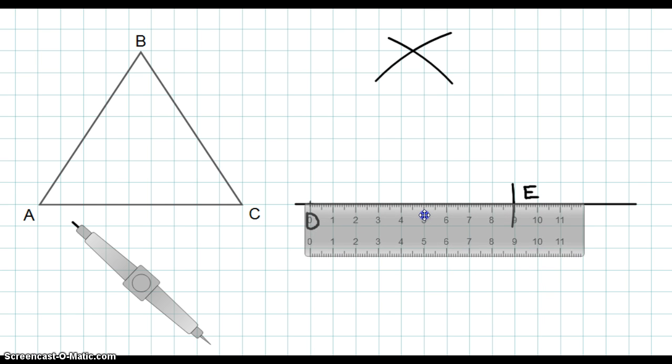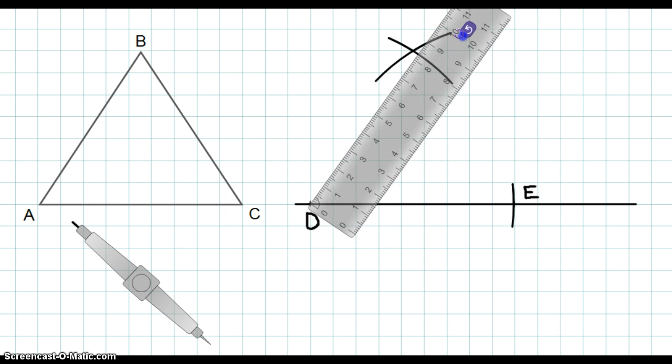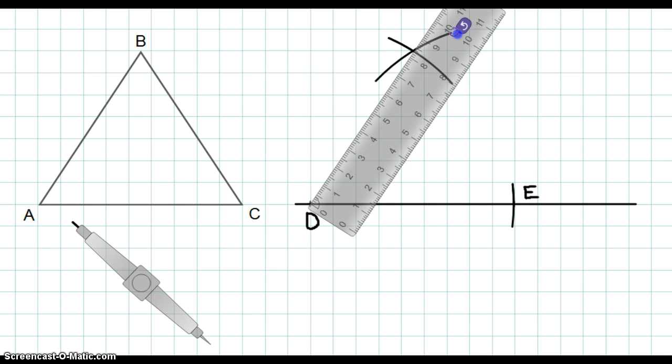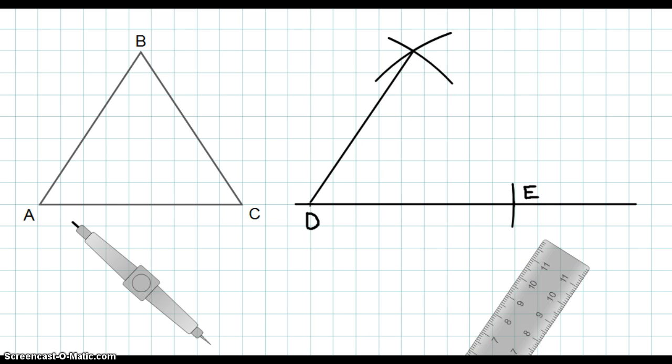And I'm going to draw a line from point D to that intersection point. Like that. Now we have another side.